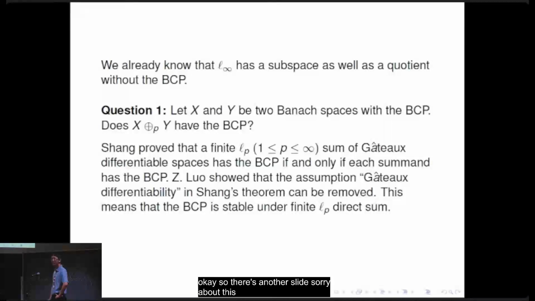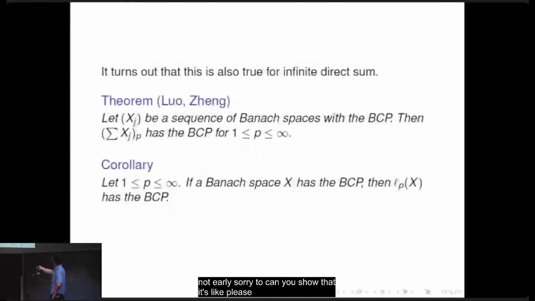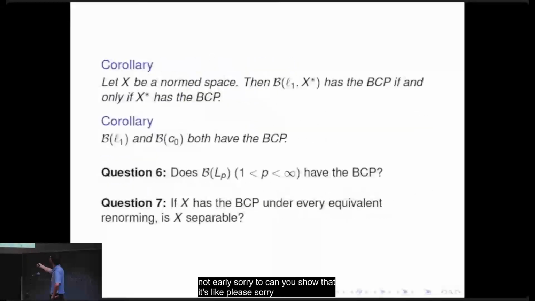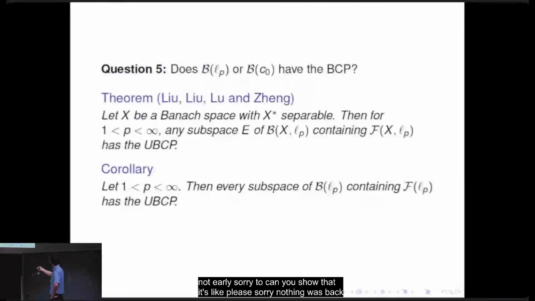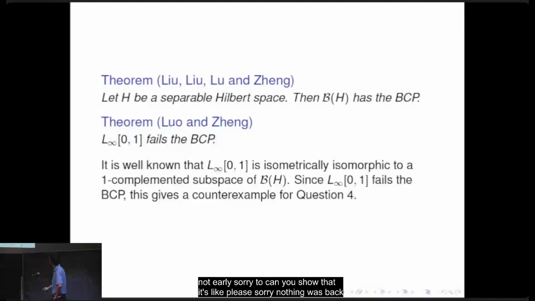No, this is one direction. I mean the other direction, where you showed that example where L-infinity is isometrically isomorphic to a one-complemented subspace, and BCP is not hereditary to it. Can you show that slide, please? Sorry. No, I think it was back. No, not here. Let me see. Yeah, here, right? Yes. Okay.